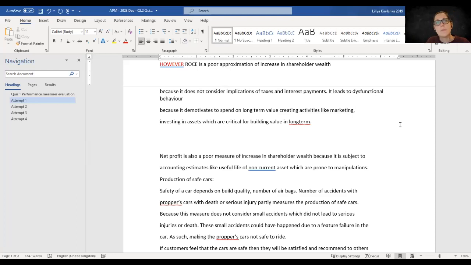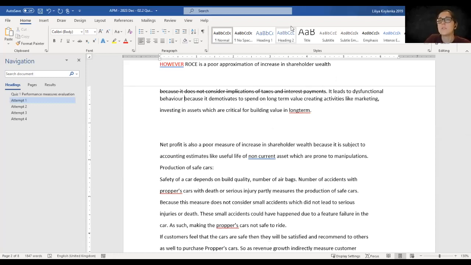But you need to explain why this is important. You, on the other hand, talk about dysfunctional behavior, such as non-investing in long-term value-creating activities. It has nothing to do with taxes and interest payments. So this means you will not get any marks for it.